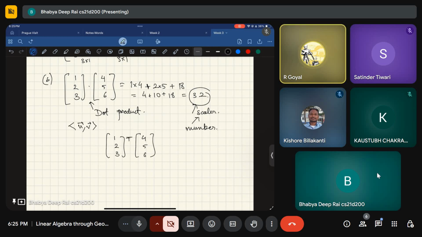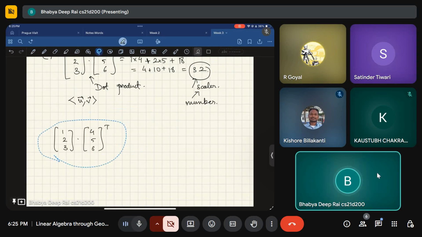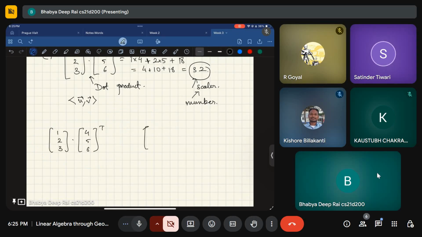Transpose of 1, 2, 3 first, then 4, 5, 6. Then the dimension of the first, after transpose, is 3 cross 1, and the second is 1 cross 3. And this is fine. You can multiply them.